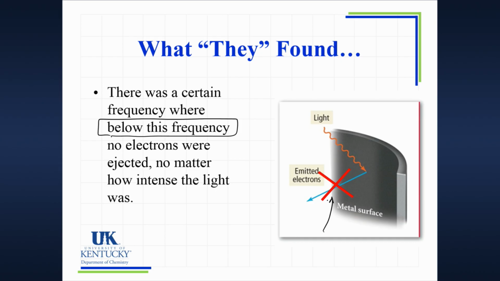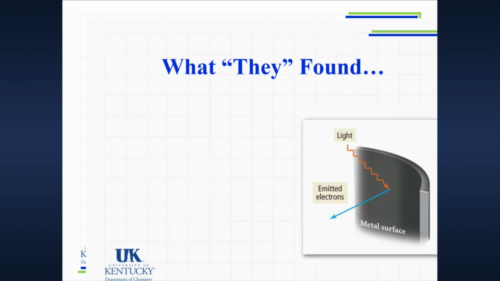So this would be like a soccer player going up, kicking the soccer ball, and they just don't have enough energy to get it to go anywhere. Seems unfathomable with a soccer ball, but that's what's happening here. And if they made that light extremely intense, so it's a certain frequency, but it's really bright, it still would not eject any electrons.